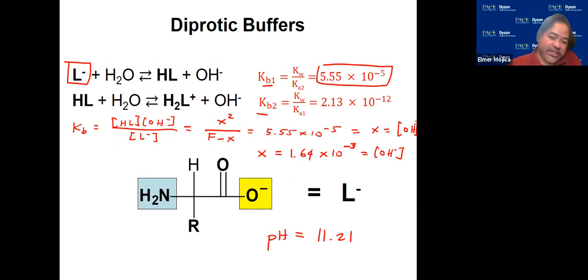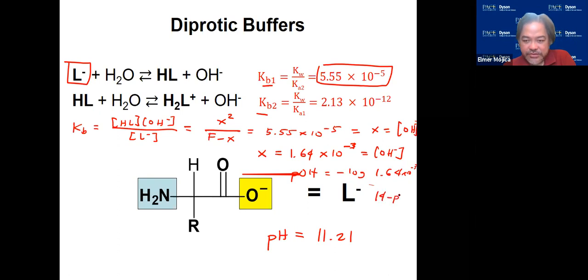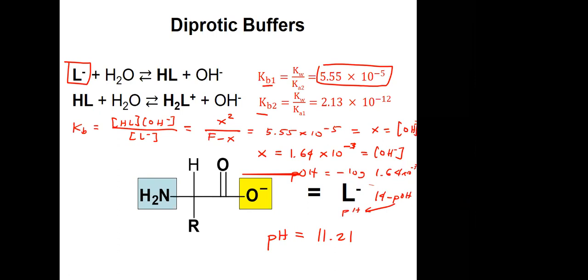And then you subtract that from 14, so I get the pH. So you get the pOH first, and then you subtract 14 minus the pOH to give you the pH. Okay? Okay, I got it.